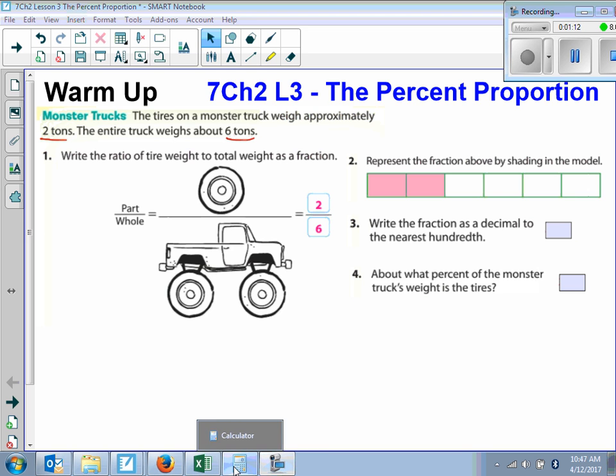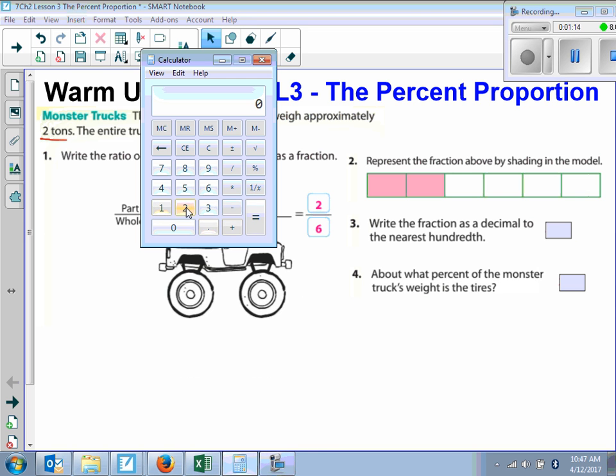So we are going to divide the numerator, 2 divided by 6, and we're going to get that. It's a repeating decimal, right? So we want to write that fraction as a decimal to the nearest hundredth. So here is the hundredths place.